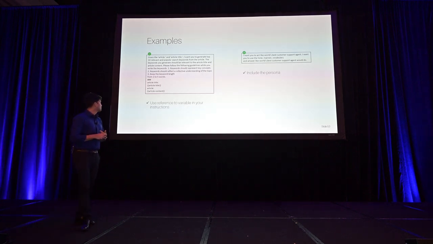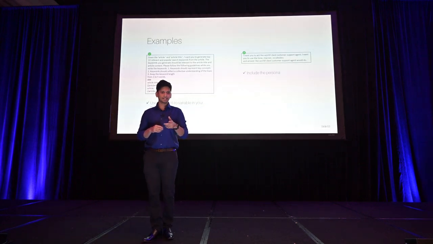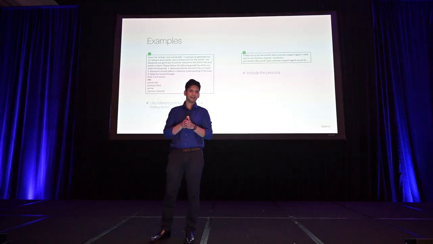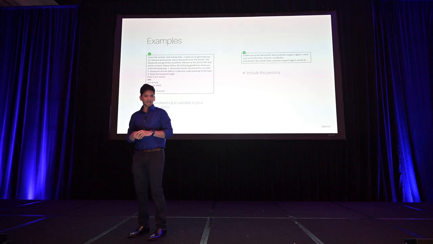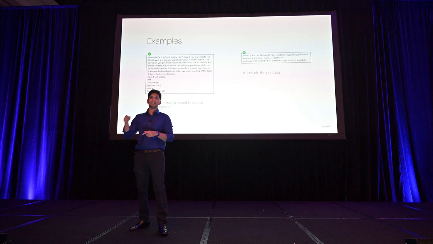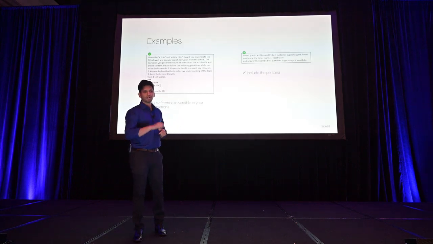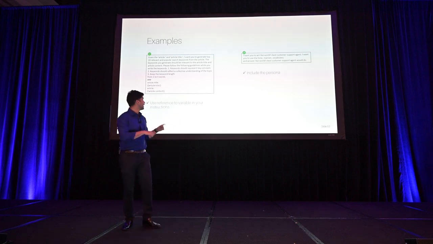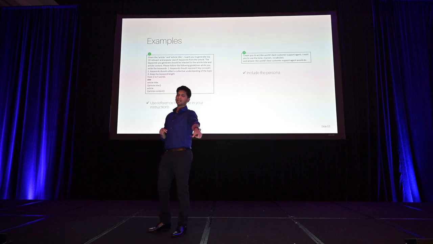Use reference to variable in your instructions. So let's go through this example. Given the article and article title, I want you to generate the top 10 popular keywords of the article. And then I gave how to generate those keywords, etc. So I want to reference the article title and article that it should go after and generate keywords for me. I can have it in that format, which I call a variable format, where I give it in quotations and then a colon, so that it goes and refers to the article title that I am referring to, so that it doesn't confuse.